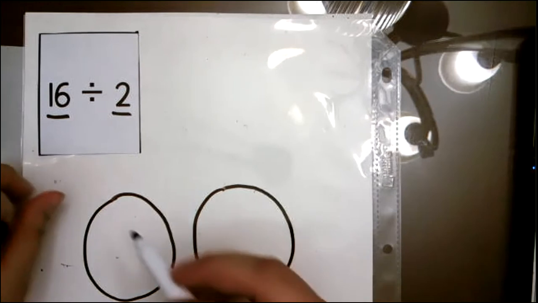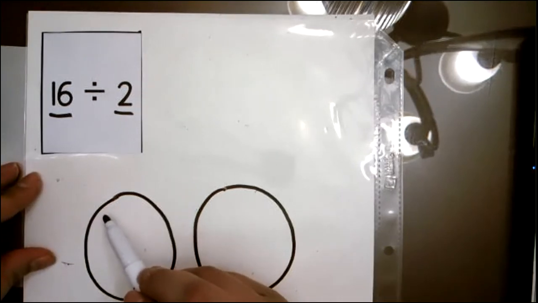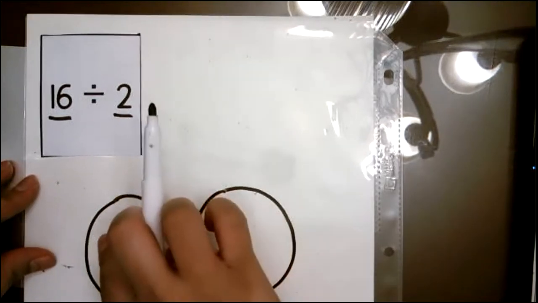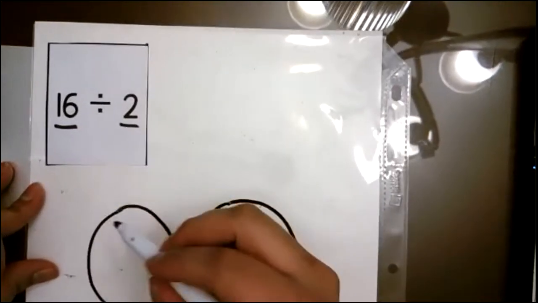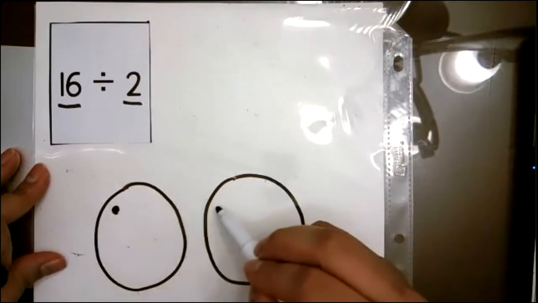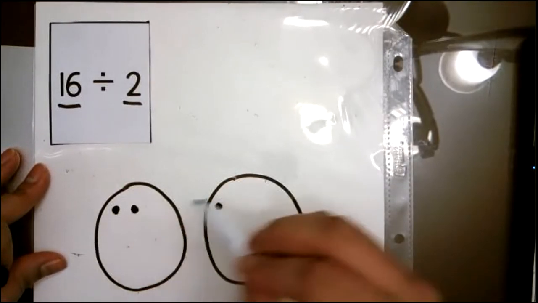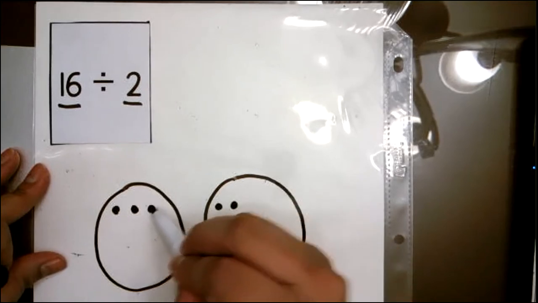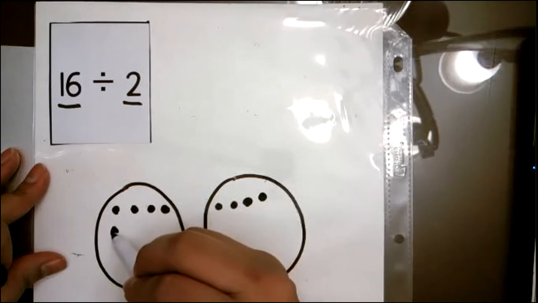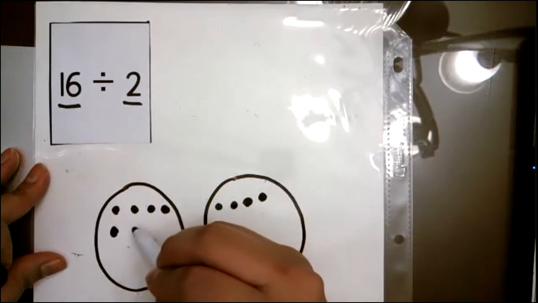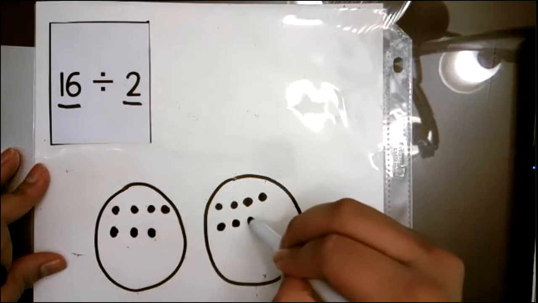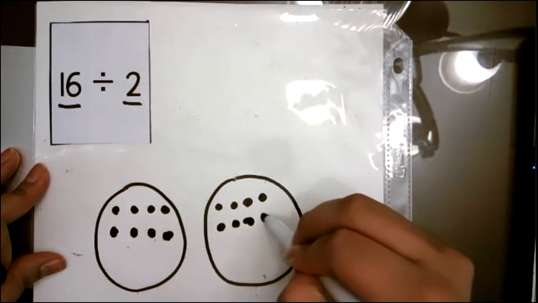We're going to do the same thing that we did in our previous ones: 1, 2, 3, 4, and so on until we get to 16. Let's do it together. You ready? 1, 2, 3, 4, 5, 6, 7, 8, 9, 10, 11, 12, 13, 14, 15, and 16.